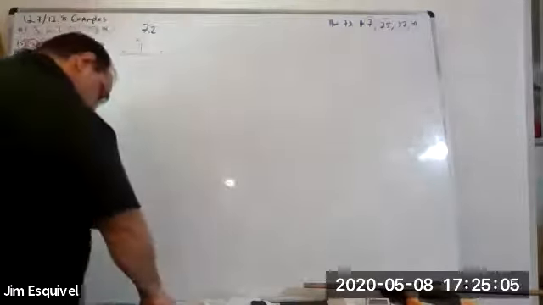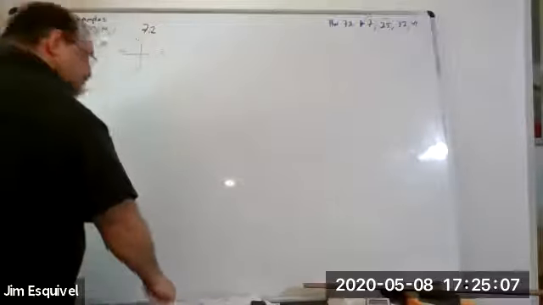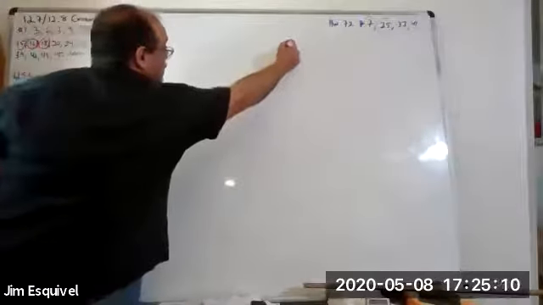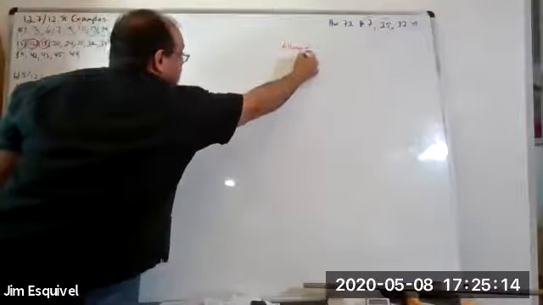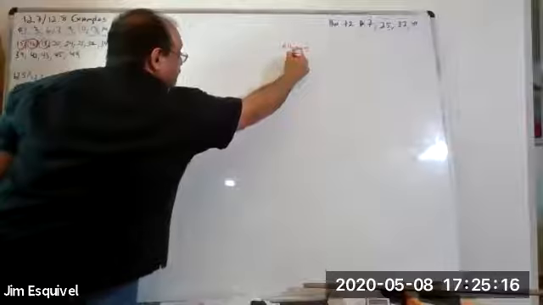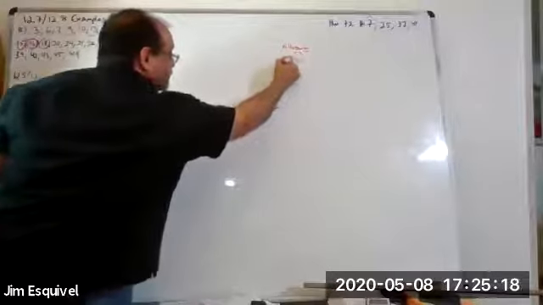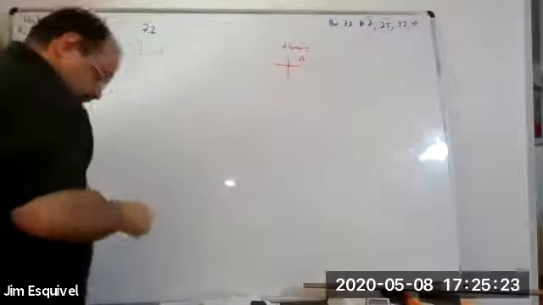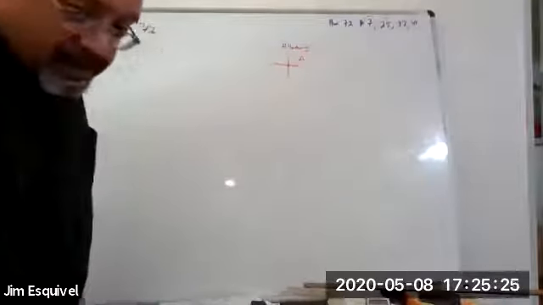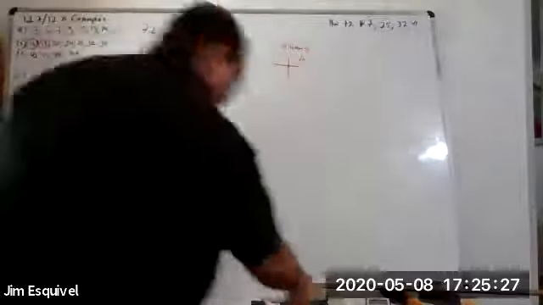So Minneapolis is due west of Albany. So I'm starting at Albany, which is A. I'm just going to put a little compass, and I'm going due west. Having a straight edge is not a bad idea.